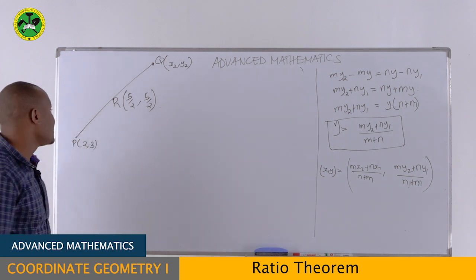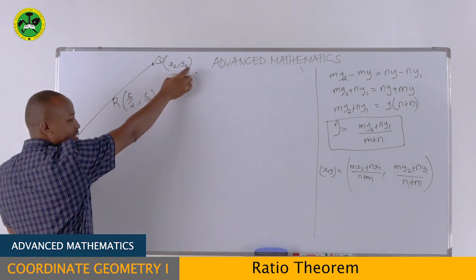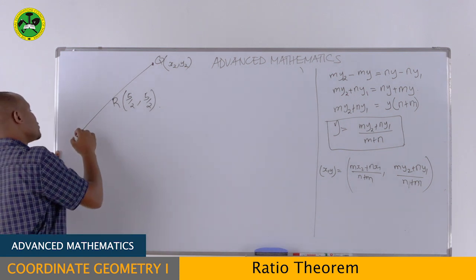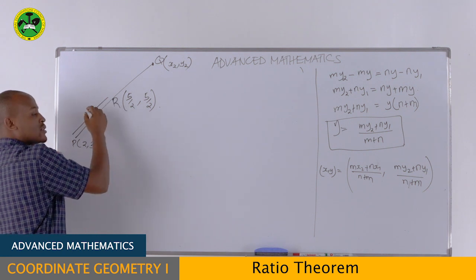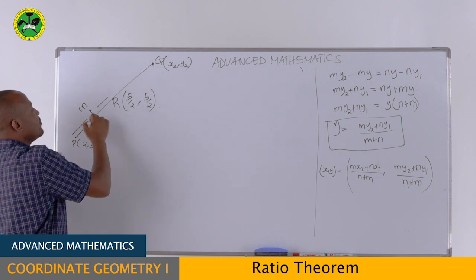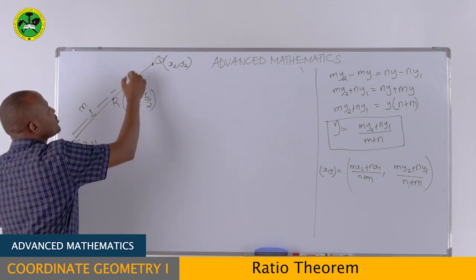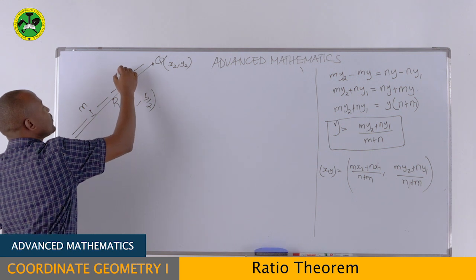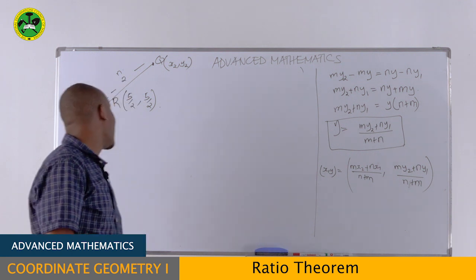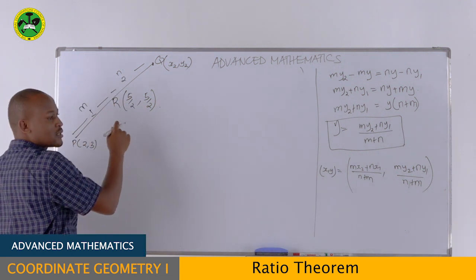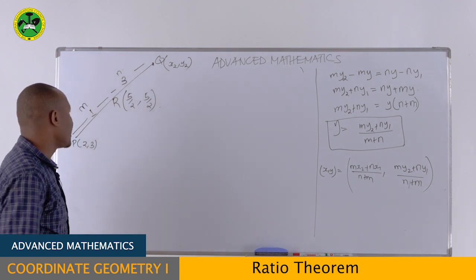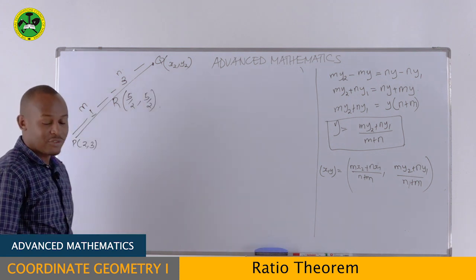We are told to find the second point, while the ratio that divides this line segment is 1, that is m, from there to there, and from that point to that point is 3, that is n. So how are we going to do that? The ratio is 1:3, sorry. So we have to find the point Q.